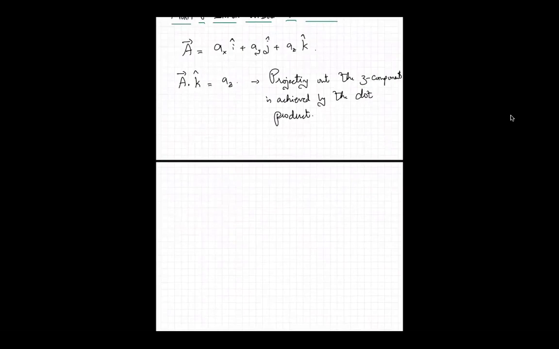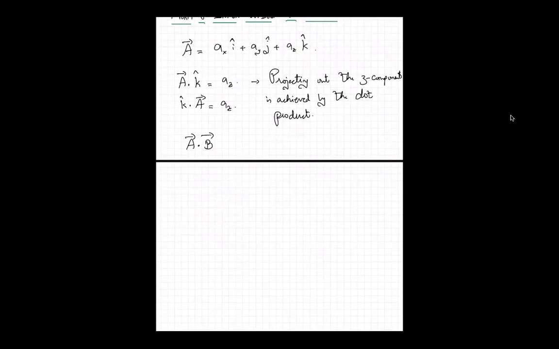So suppose I have two vectors, A vector and B vector, and I ask what is A vector dot B vector, I am asking how much of B lies along the direction of A, or equivalently how much of A lies along the direction of B. Okay. Typically what I do is I take k hat dot A vector. That is what I do. Okay, that is equal to Az.